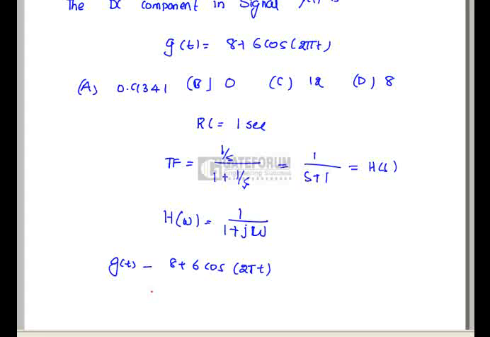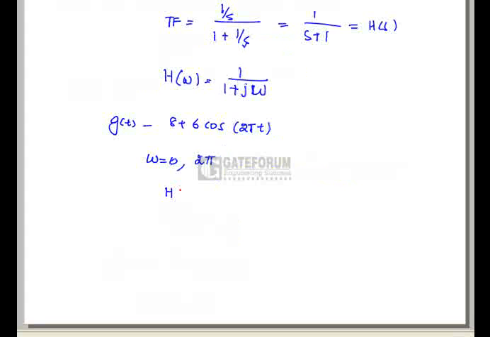Here the g of t equals to 8 plus 6 cos of 2 pi t. Here omega equals to 0 as well as 2 pi. These are the frequency components present in the g of t. Here h of 0 equals to 1, h of 2 pi, that is omega equals to 2 pi f, f is 1 hertz, so 1 by (1 plus j 2 pi).